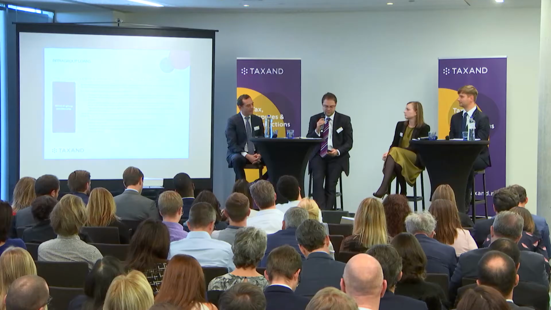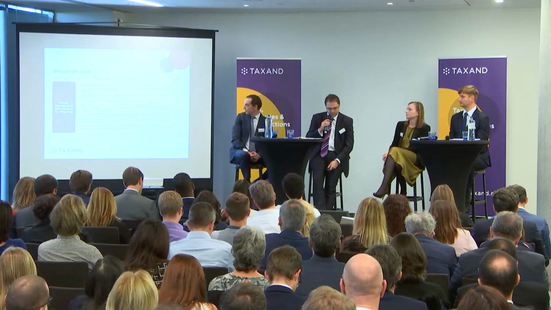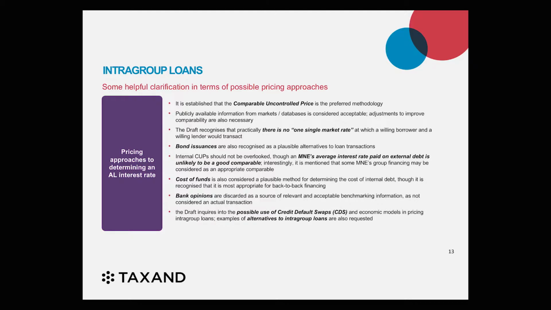So it's going to be very difficult, if the subsidiary has been supported financially by the group in the past, to claim that there is no support, well, it may be the case if they have a lot more assets, but you need to think about that and make sure that you include that in your analysis. All right, and the last point is on pricing approaches, which is probably the most useful one from the whole chapter, I think.